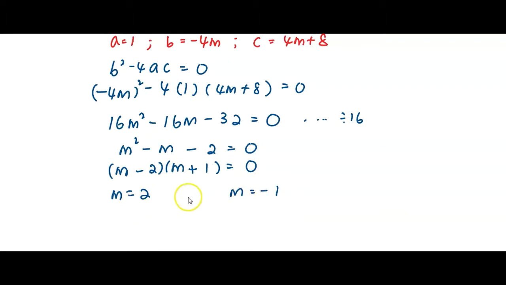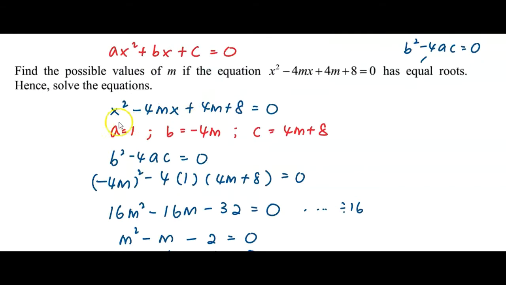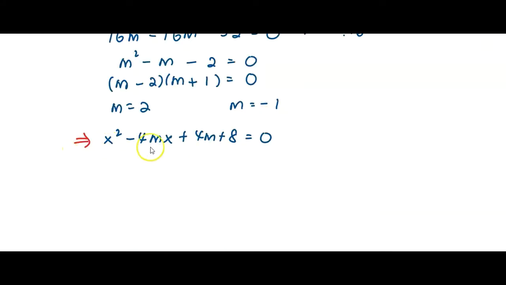Okay, so we have two values of m. Now I'm going to substitute the value of m into the quadratic equation that is given and hence solve the equation. So the equation given here is this. Now substitute m equals 2 inside.